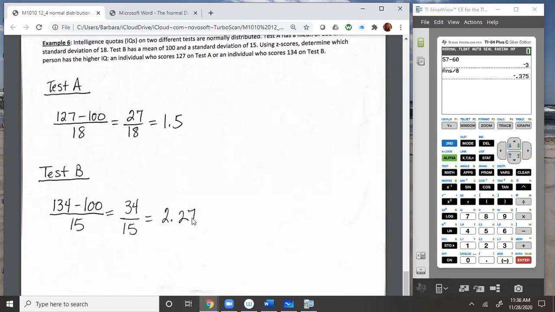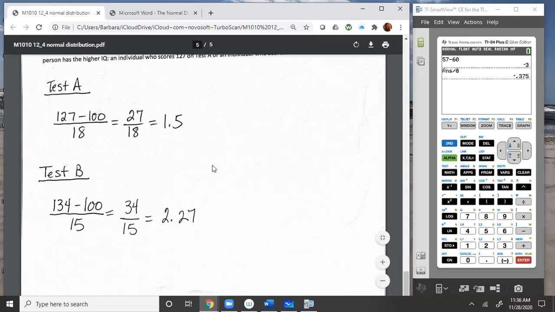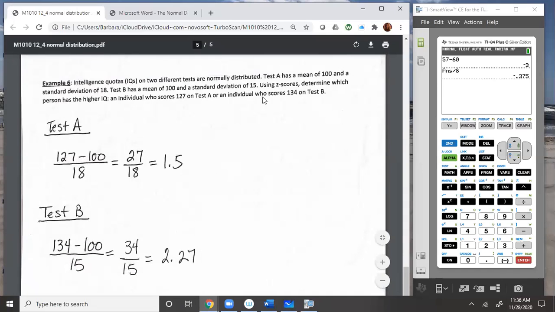And that's 2.27. So it looks like the person who got a 134 in test B scored higher than the person in test A. And not because that 134 is bigger than 127. It's because their z-score is larger, okay?